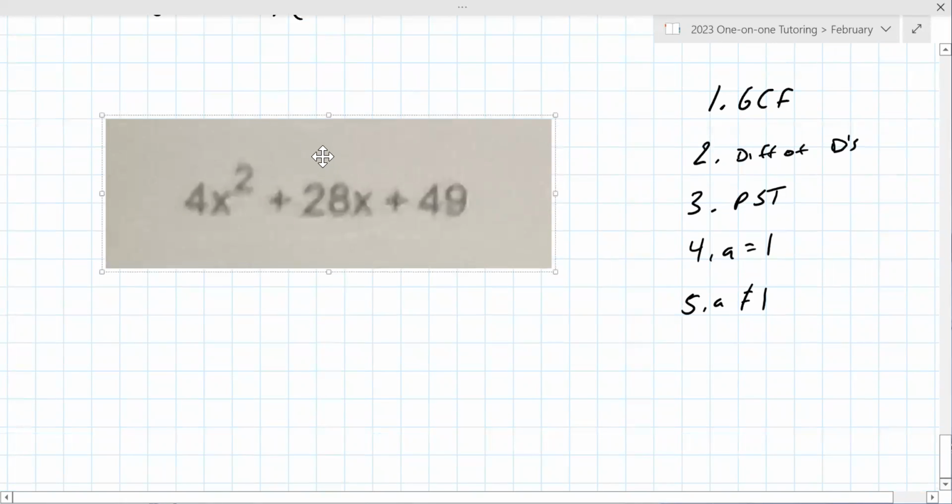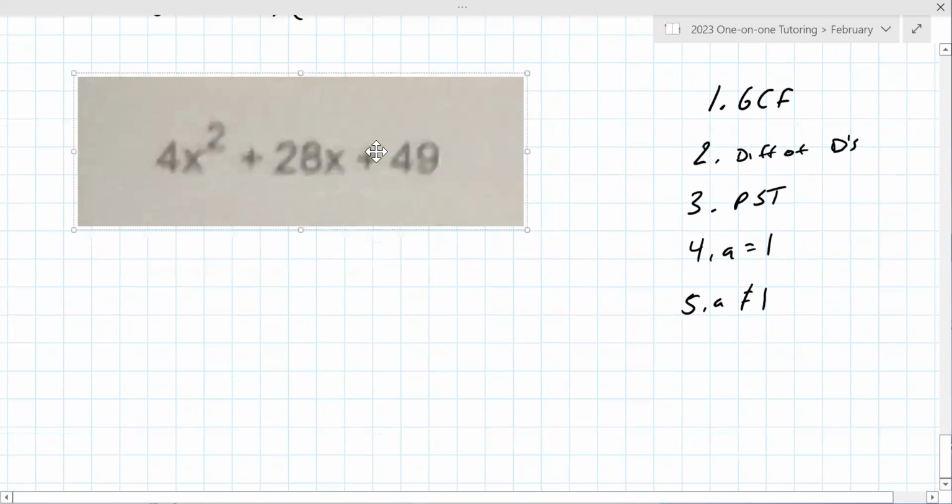So the identification is really the key here, being able to know which is which. Can you tell me if this is a GCF? Yes or no, and maybe why?